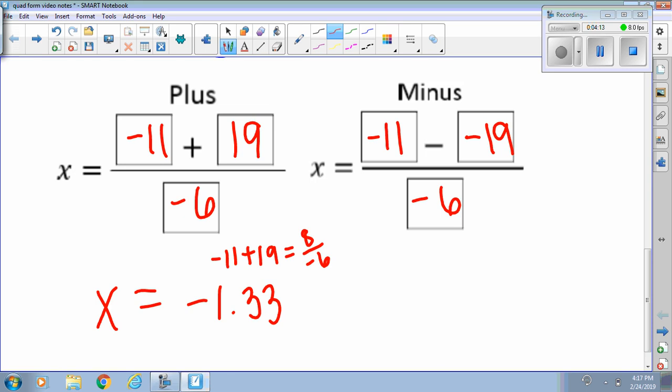And then we're going to do the same thing over here. Negative 11 minus 19 equals, so you should get negative 30 divided by negative 6. And that should give you 5. So x equals negative 1.33 and 5.